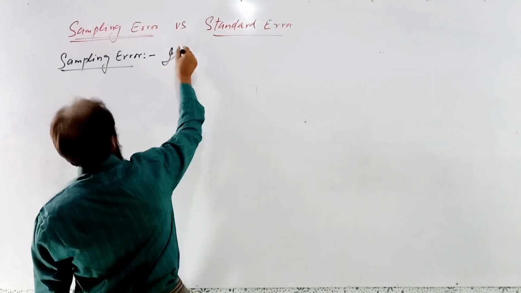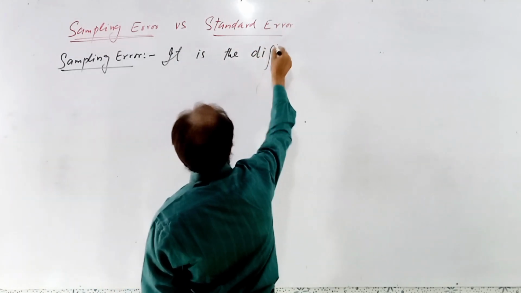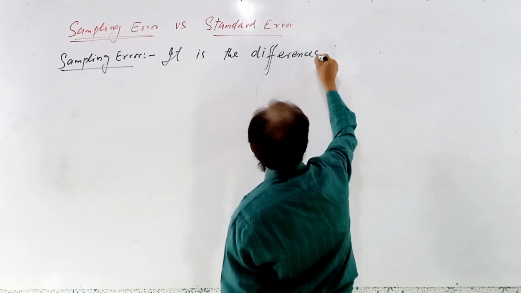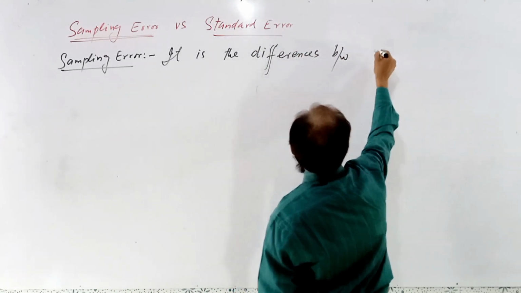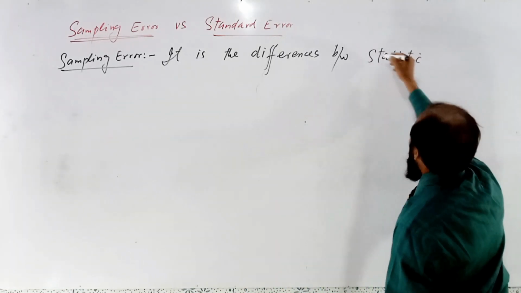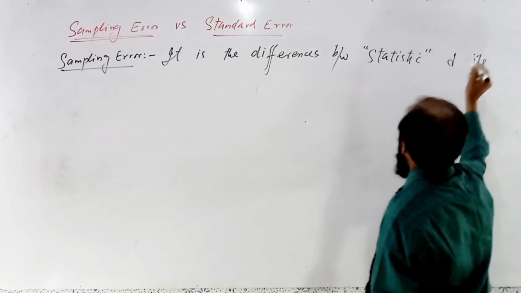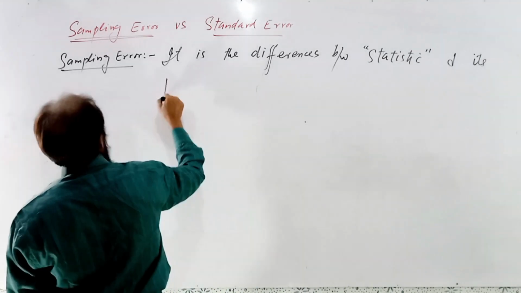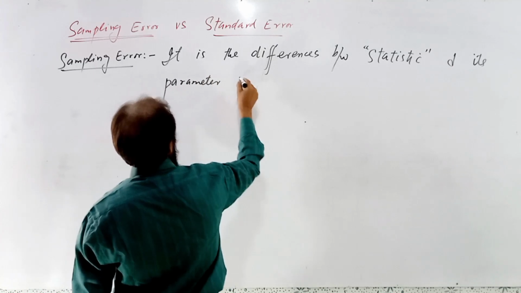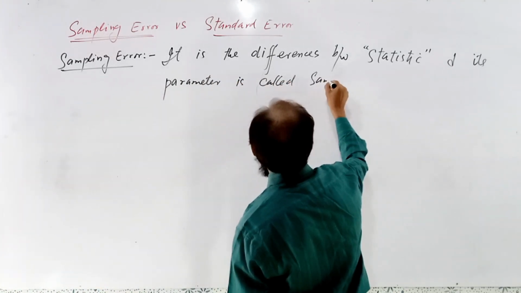It is the difference between a statistic and its parameter, and it is called sampling error.